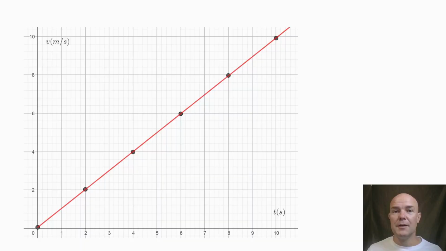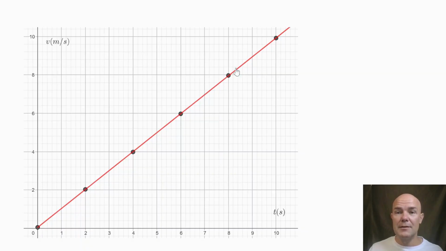Then going back to the velocity time graph, if we calculate the area underneath this straight line, again, we look, what do we have on the vertical axis? What do we have on the horizontal axis? So the area underneath this straight line in this graph is velocity times time, and that will give us displacement.